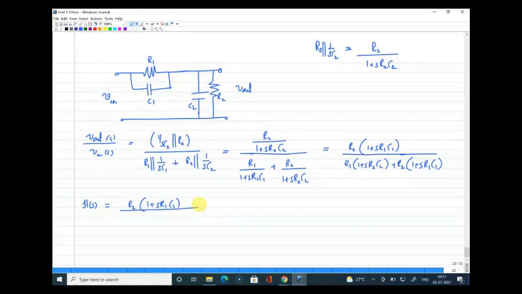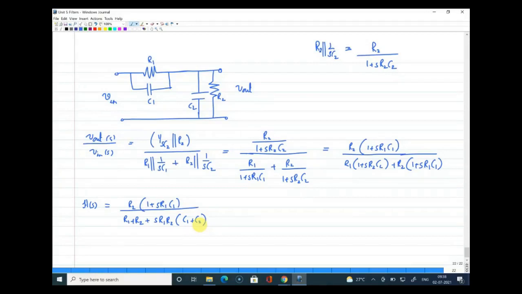You will have R1 plus R2 plus, we'll have SR1R2C2 here, SR1R2C1 there. Okay, so we'll have SR1R2 into C1 plus C2. Yeah, so this is the simplified expression. I hope you are getting this expression.